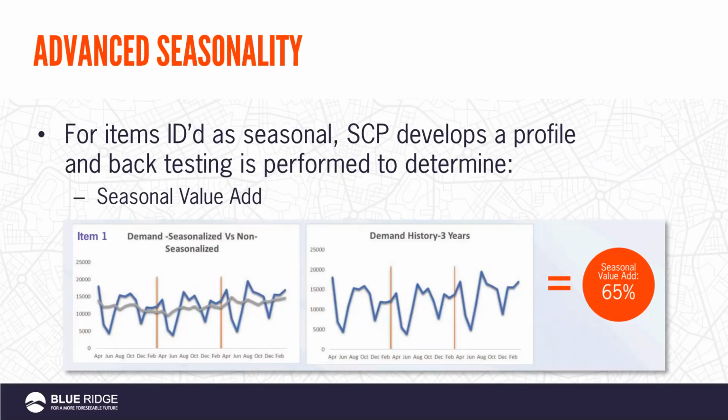What we're looking for here is how much better would the forecast have been if the profile had been applied to the item. So looking back at the past with this newly developed profile, how much better would things have been with the profile? How much better would the forecast have been? And the higher the seasonal value add, the better the forecast accuracy and also the fewer demand exceptions you're going to see.